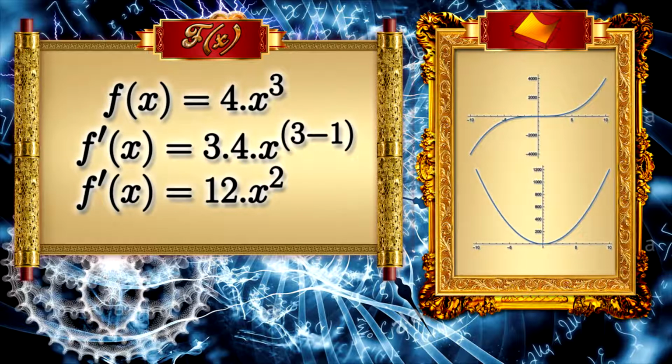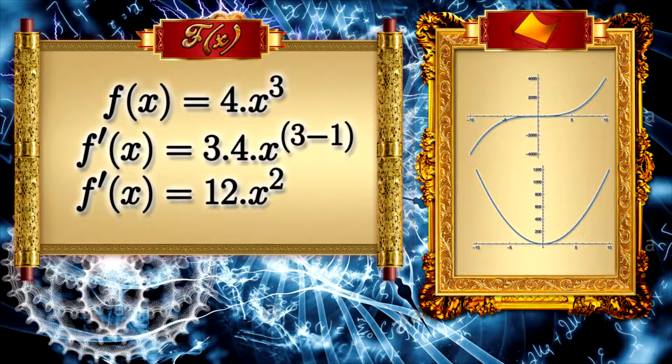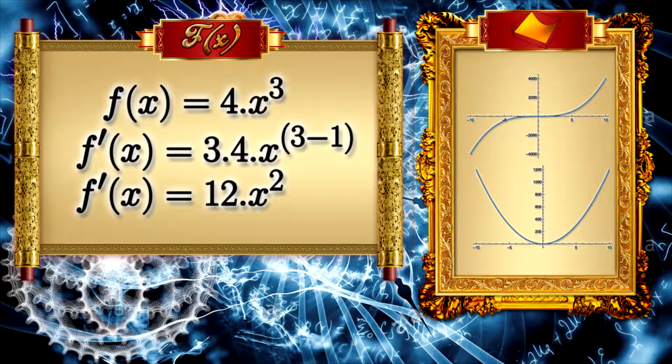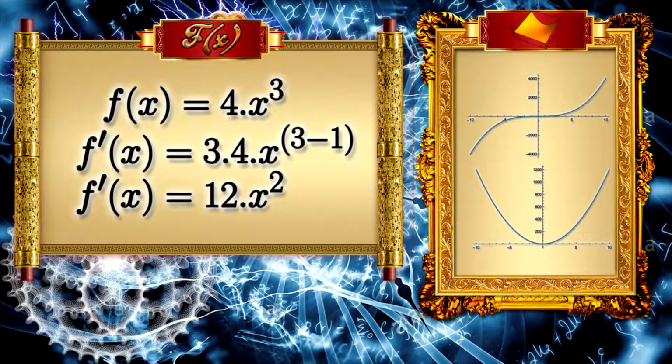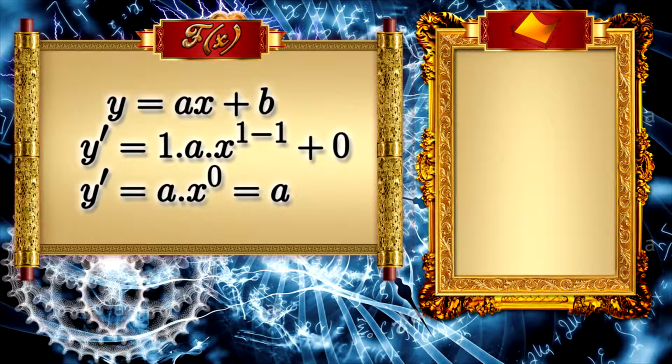Now we can see that the derivative is the angular coefficient at the corresponding points of the graph. For example, for the function of a line, f of x equals a times x plus b, a is the angular coefficient of the line, and b is the linear coefficient of the line.